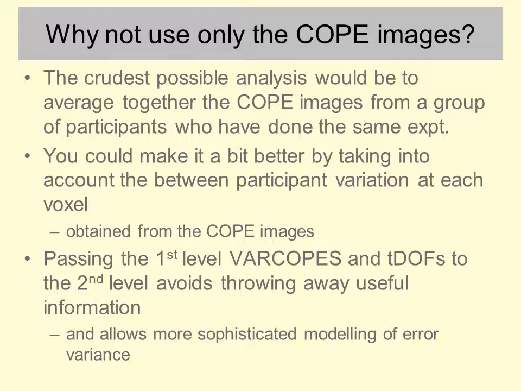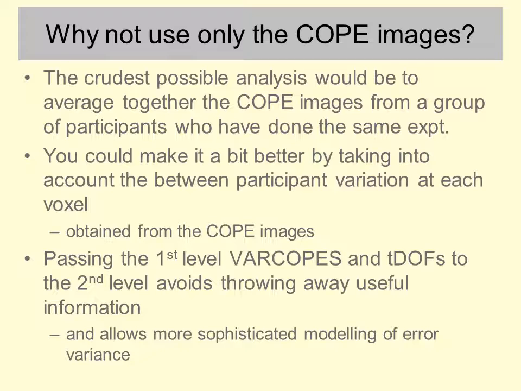At a particular voxel, they show exactly the same size difference between words and non-words, and it's a positive, interesting difference. So using just the COPE images at the second level, they are going to look exactly the same and contribute exactly the same thing to the second level analysis.